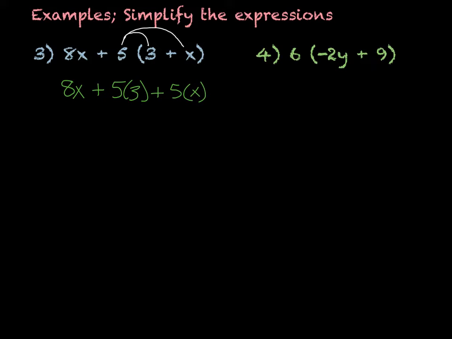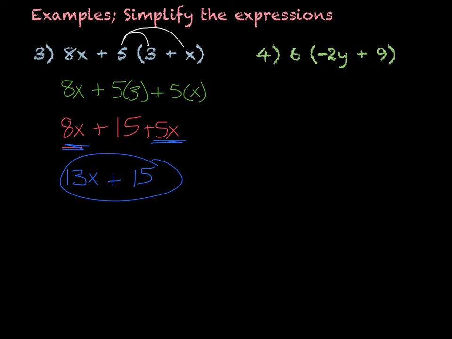Now rewriting that, it will look like 8x plus 5 times 3 is 15 plus 5x. So your final answer would become 8x plus 5x, which will be 13x plus 15. And that would be your final answer.